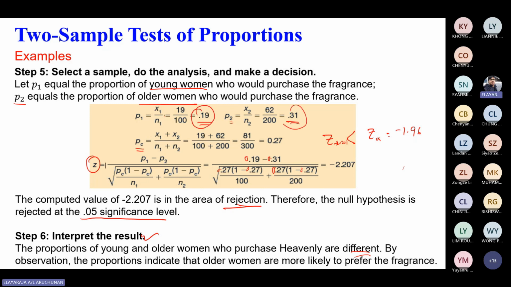Based on the proportions we have, the older women are buying more compared to the younger women. So we reject the null hypothesis, and we can conclude the older women prefer the fragrance more compared to the young women.